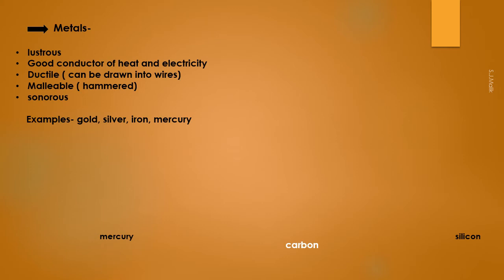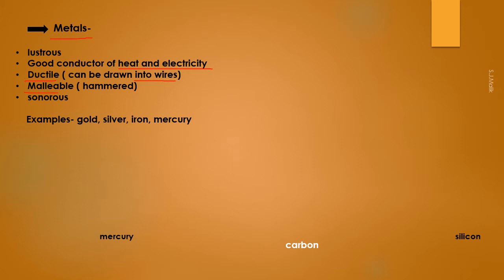Metals. Metals are lustrous, means उनमें shining होती है, चमकती हैं. Metals are good conductors of heat and electricity. वो इलेक्ट्रिसिटी को और हीट को कंडक्ट करती हैं. Metals are ductile. डक्टाइल मीन्स मेटल्स के वायर खींचे जा सकते हैं.